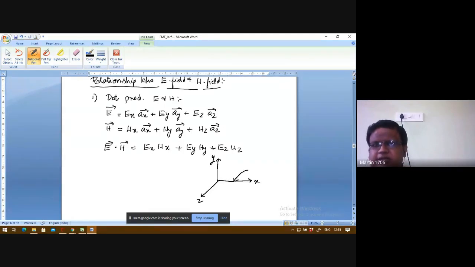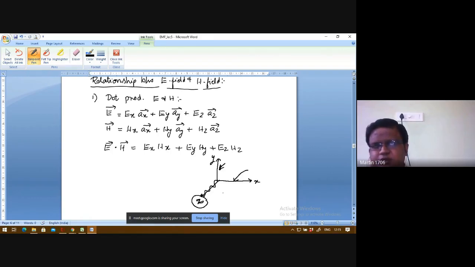One coordinate will be the x-axis and another the y-axis, and the other coordinate is mostly utilized for propagation of the signal. In the notations, we use the z-axis in transmission line and antenna systems.